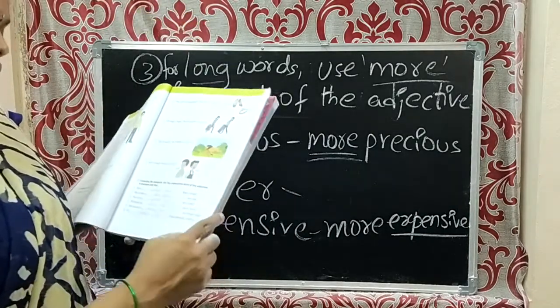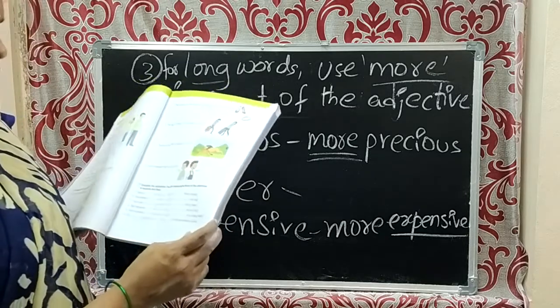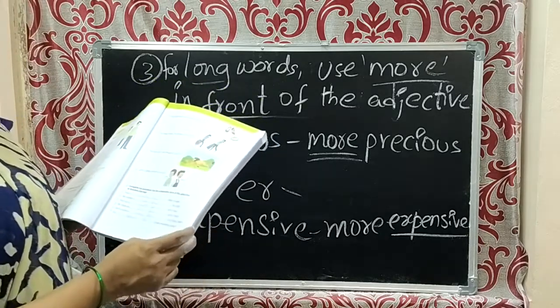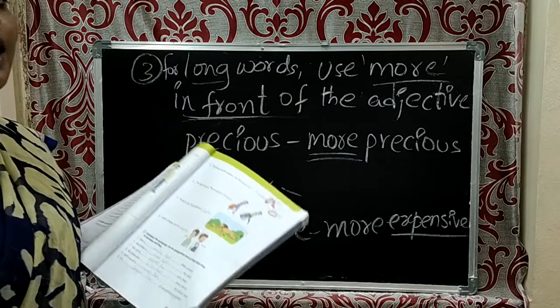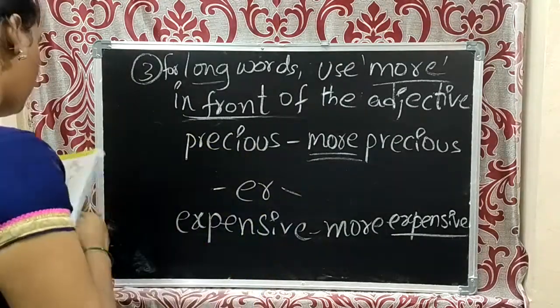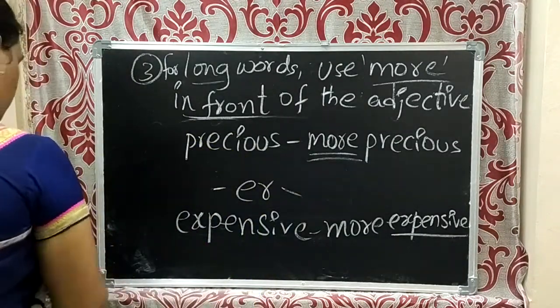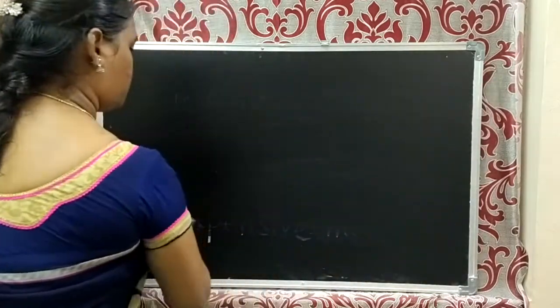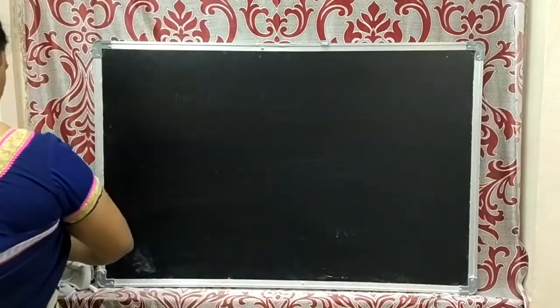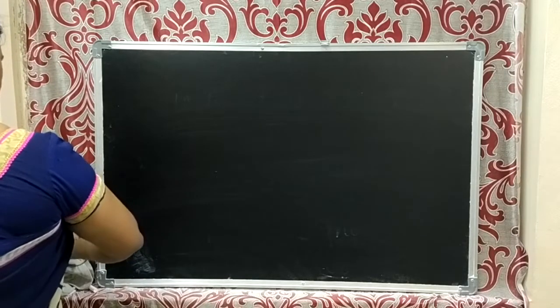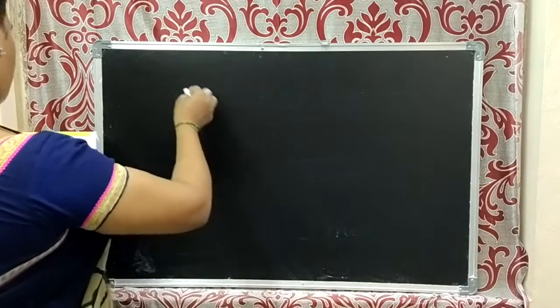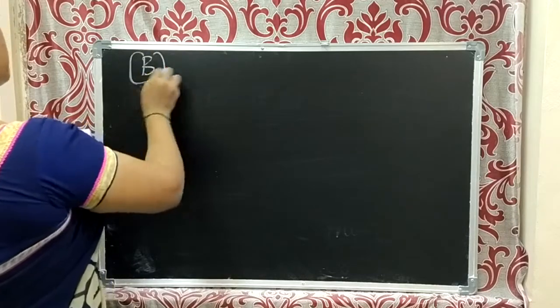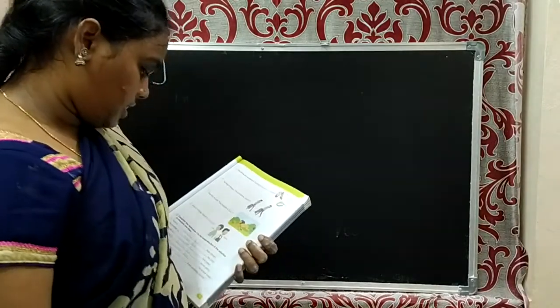And next one. Complete the sentences. Use the comparative form of the adjective in brackets and than. We can add than also. Coming to exercise B. Complete the sentences.